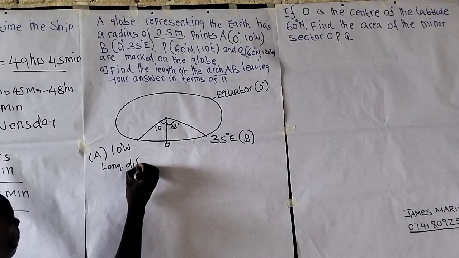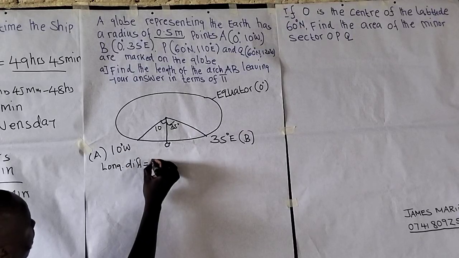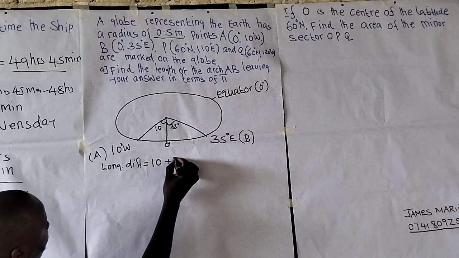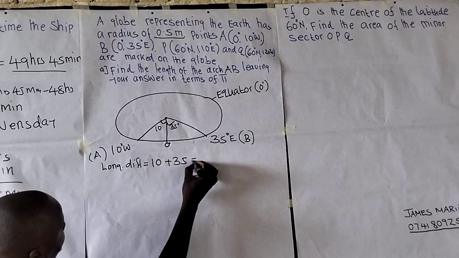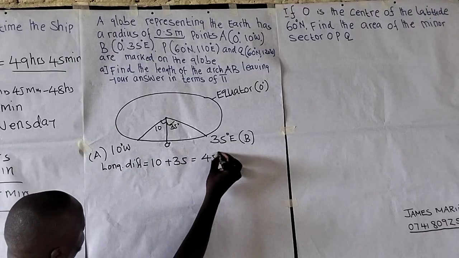The longitude difference is 10 degrees west plus 35 degrees east, which gives us 45 degrees.